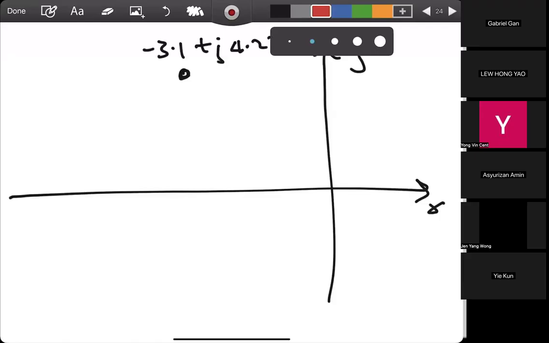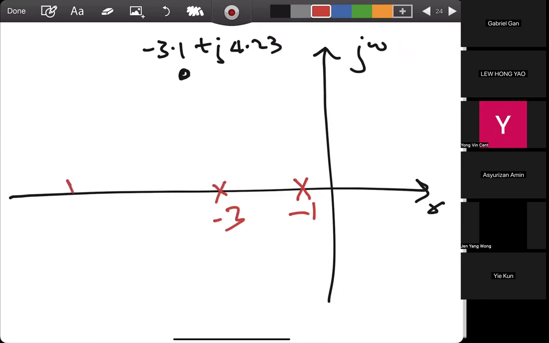Then the poles are here: minus 3, minus 6. Correct.